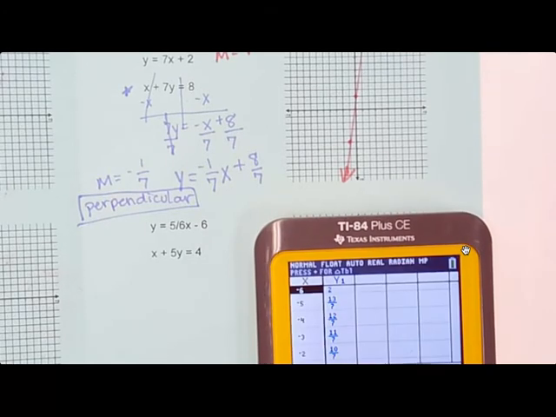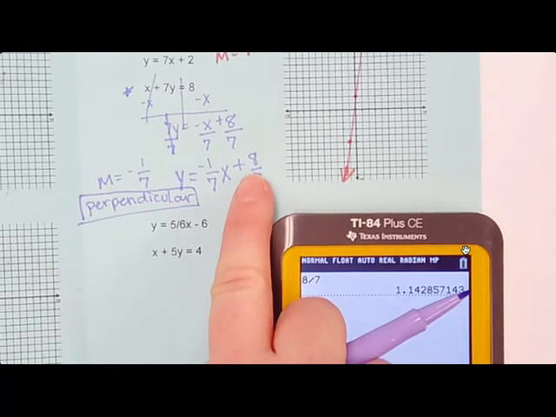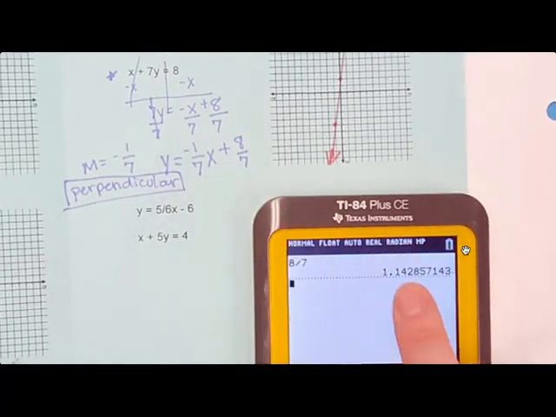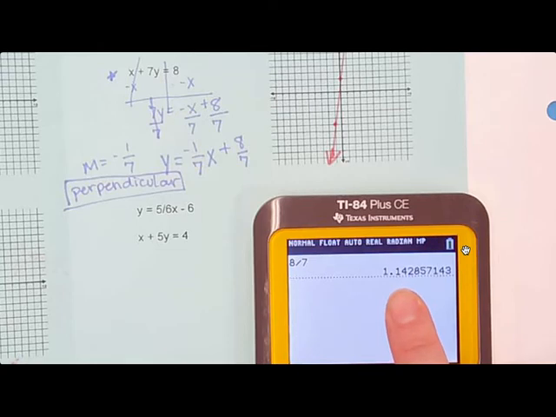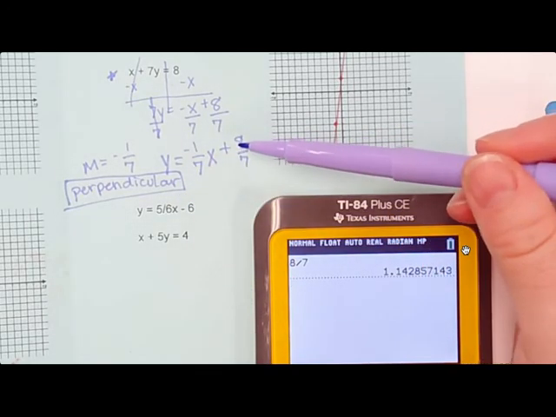So in order to graph it, we need our y-intercept. But our y-intercept is 8 over 7. If I do 8 over 7 in the calculator, it's 1.142, yeah. That's not going to be fun to graph. So I'm going to use my calculator. So we need to put it into y equals.